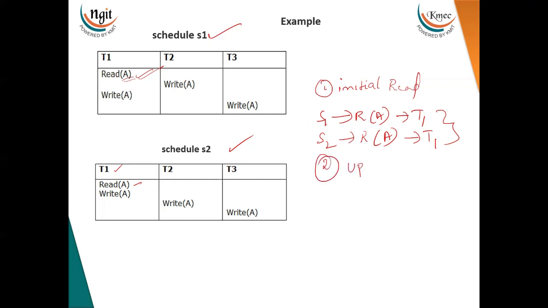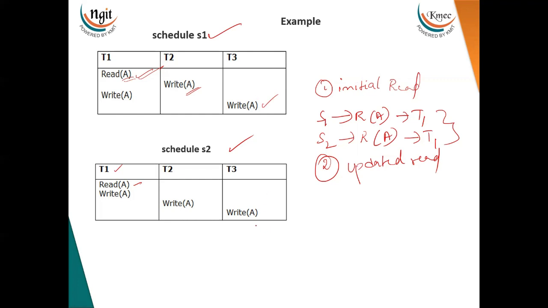Now let us check for the second condition. That is what? Updated read condition. Updated read indicates what? The updation made by one transaction on some account that is immediately read by some other transaction must be the same in both the schedules. Now, T3 made the write operation on account A, which means it is updating the data item A in schedule 1.